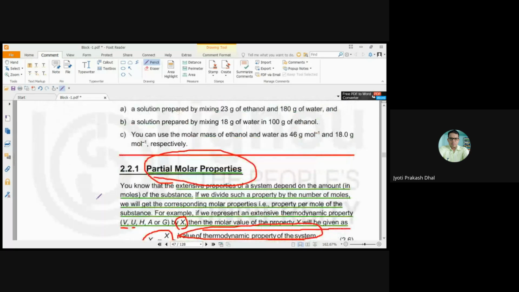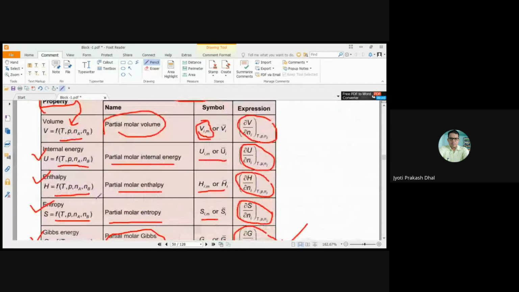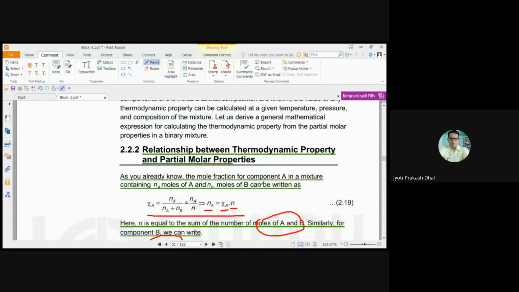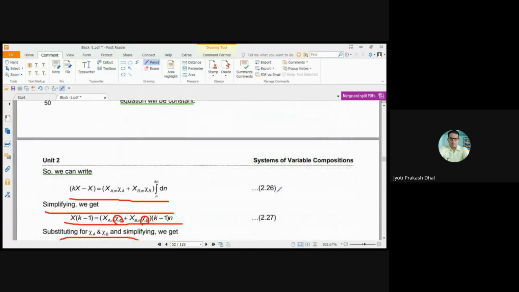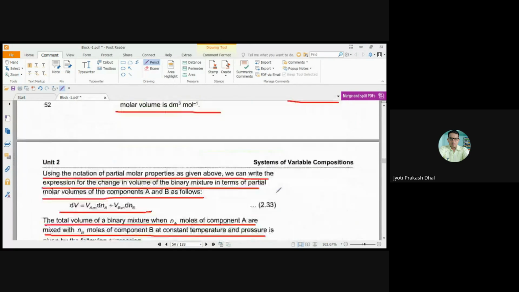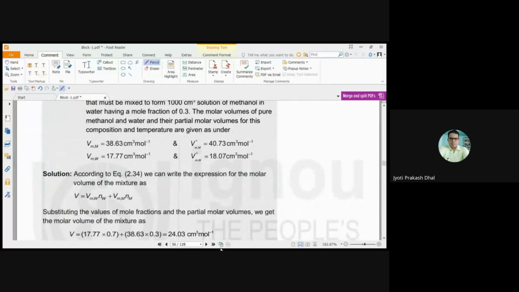Then the significance of partial molar property, chemical potential and its significance, variation of chemical potential at constant temperature and constant pressure, and the Gibbs-Duhem equation. These are the expected long questions, and the statistical thermodynamics part we will discuss tomorrow.